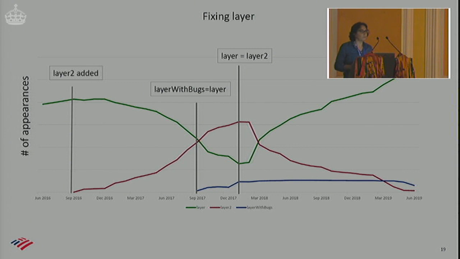And people moved. You can see that some people actually said, we don't want to change anything. We're happy with the way things are. Right or wrong, these are the numbers we want to give out. And a few people are still using layer with bugs. We're pushing to get rid of it. But the point is, this is OK, because nobody's going to use layer with bugs by mistake, right?